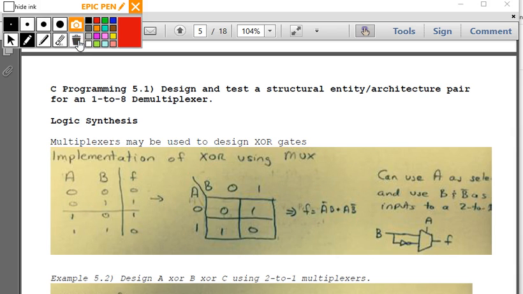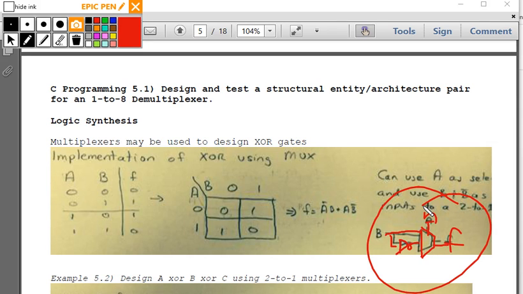So the simple way to use a multiplexer to do this is just to have a B input, that value and its inversion, put into a mux, and use A as the select line, and now you have your output. And so this is what a lot of people were seeing when they were researching online.